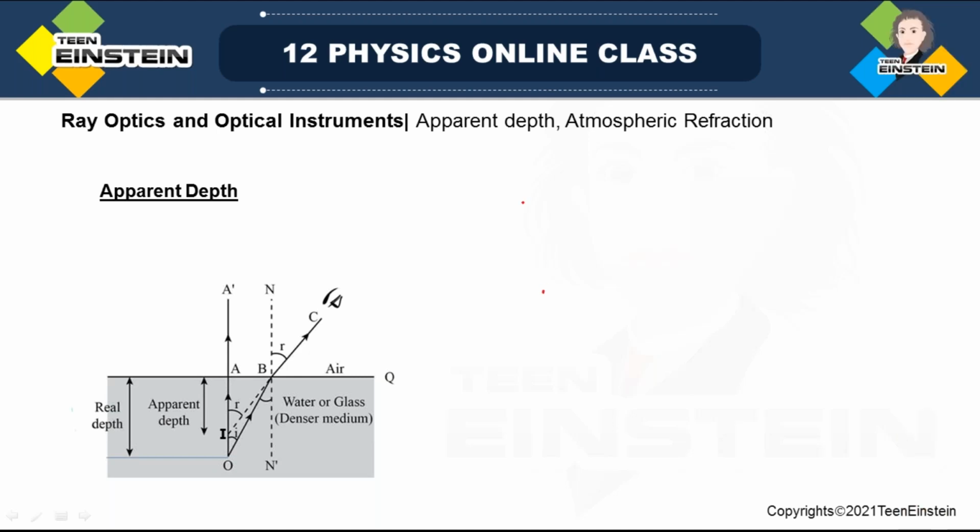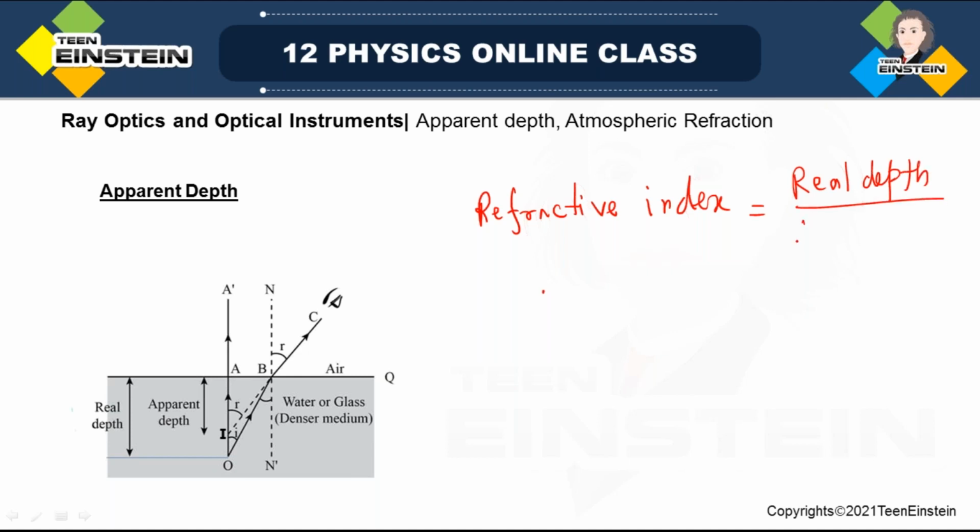So finally the formula is refractive index is equal to real depth over apparent depth, or n_w is equal to, here the real depth is actually AO, over AI.